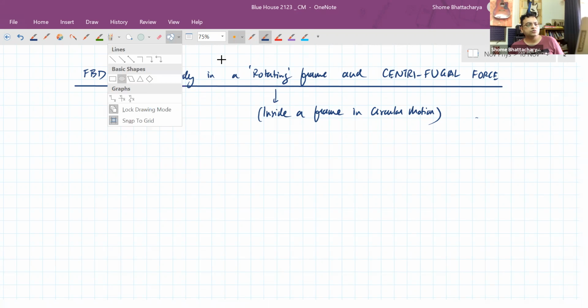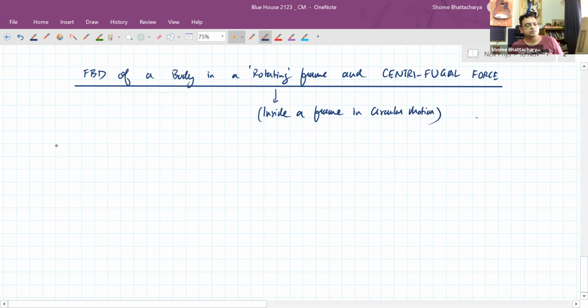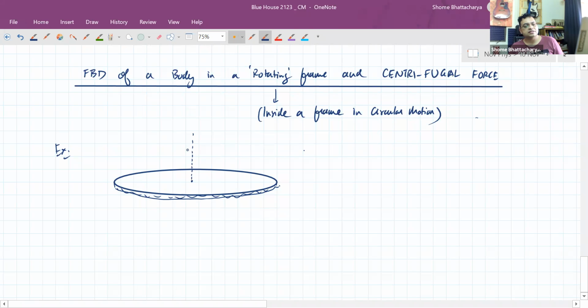The example we will use to understand this is like this one, which I'm showing. So imagine you have a wooden disc sort of platform. And it has a fixed axis and is rotating about this axis with some angular speed omega naught, uniform angular speed.